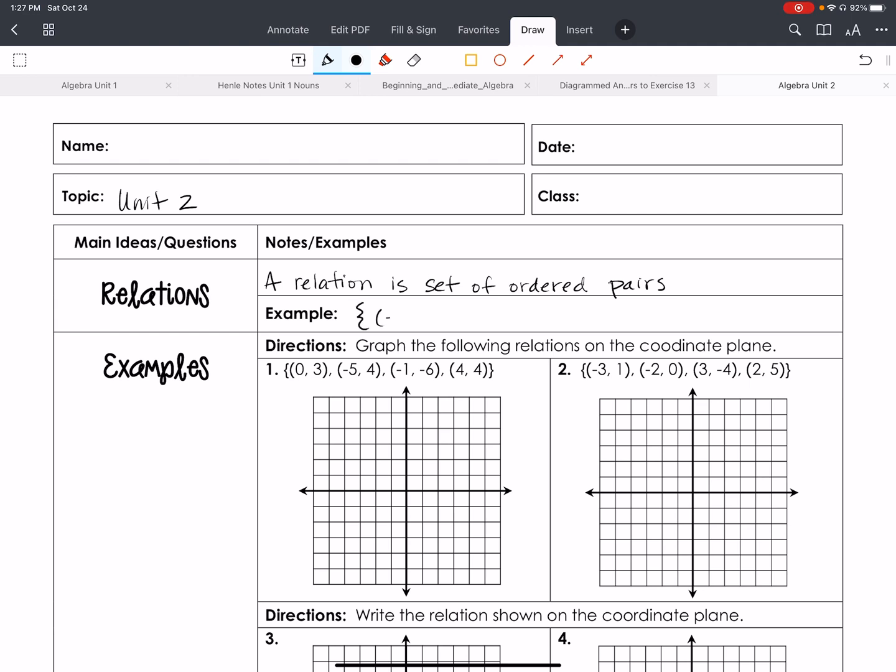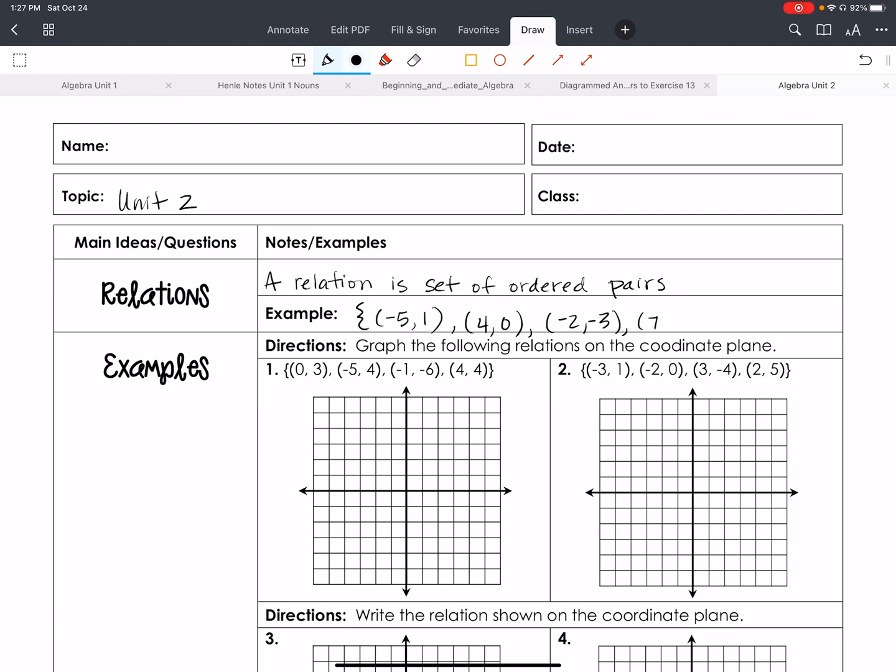If you have a set of data, like let's say you're recording some observations in science, and you've got your independent and your dependent variables, your cause and effect, and we'll just list off all of the pieces of data you collected, it would look like this if they were ordered pairs.